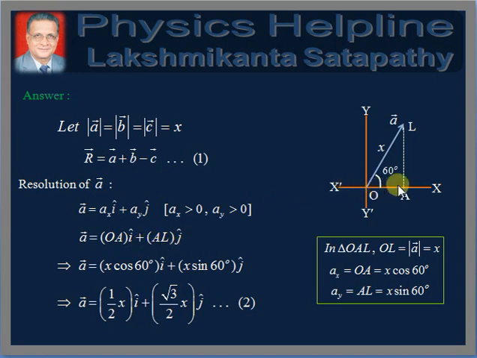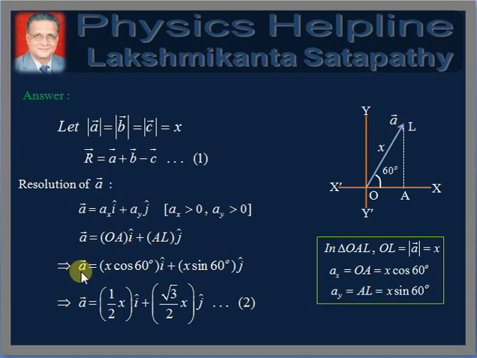Again, in the right angle triangle OAL, OL is the magnitude of vector A, which is equal to x. The angle it makes with the x-axis is 60 degrees, and therefore the value of OA will be equal to x cos 60, and the value of AL will be equal to x sin 60.